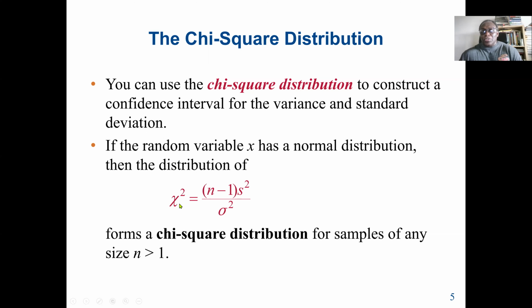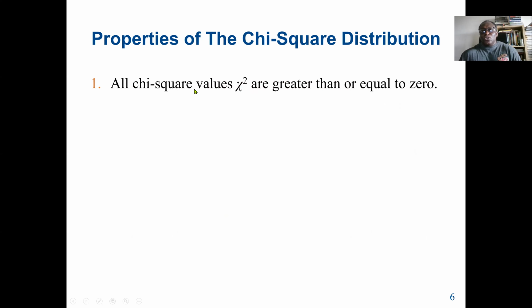This is only if the random variable has a normal distribution. Then it will be n minus 1 times S square, the sample variance, divided by sigma square, the population variance, and always the chi-square distribution for all samples of size greater than 1. So all chi-square values are greater than or equal to 0.